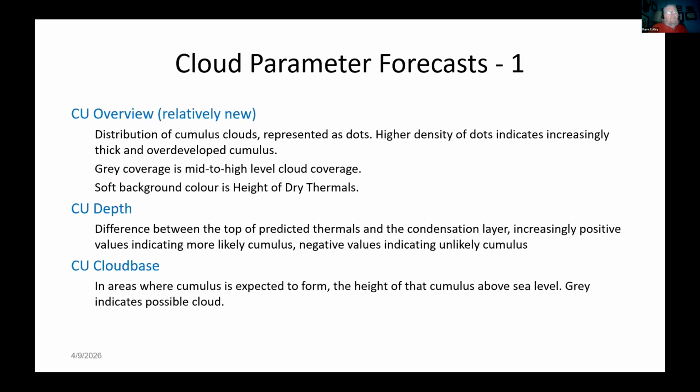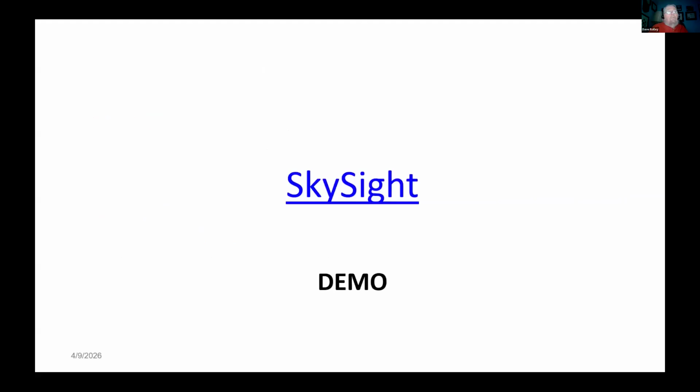But what I'm going to do is pull up SkySight and run it while I'm talking about those parameters, so you don't have to be trying to screenshot everything. All of this data is available in SkySight, but I've got it on the slides. So if you download the slide deck, you can look at that and then look at what you've got on your screen.